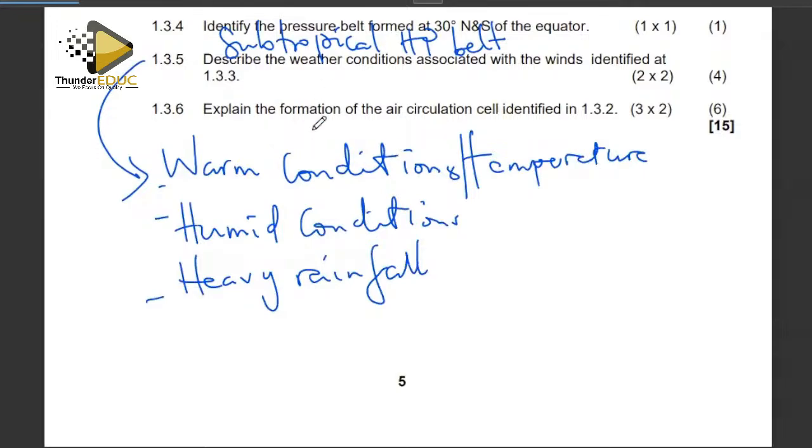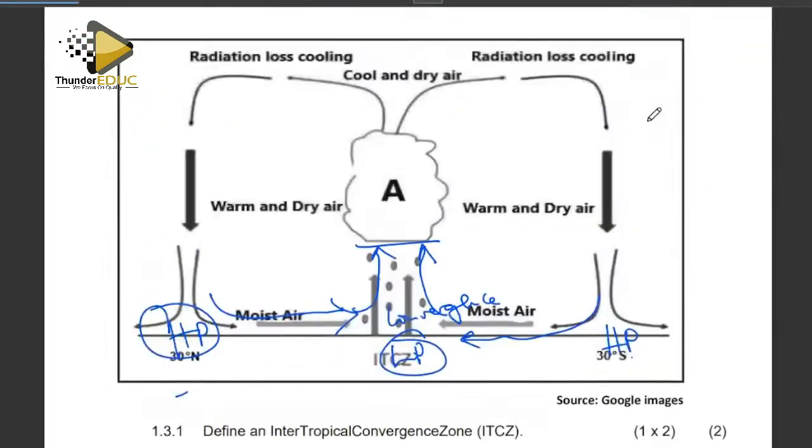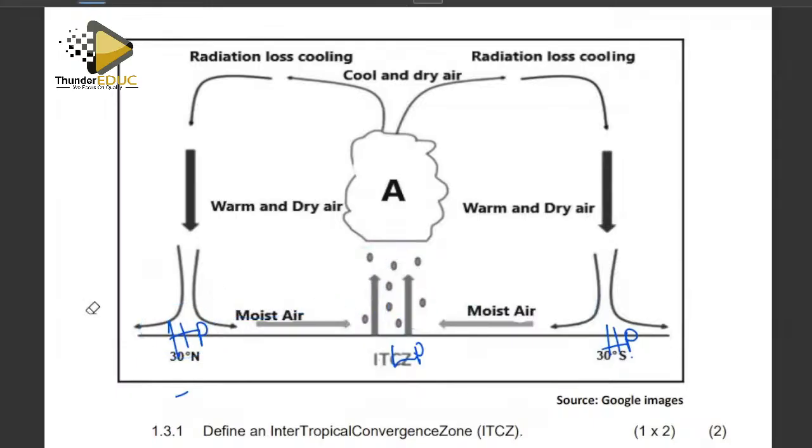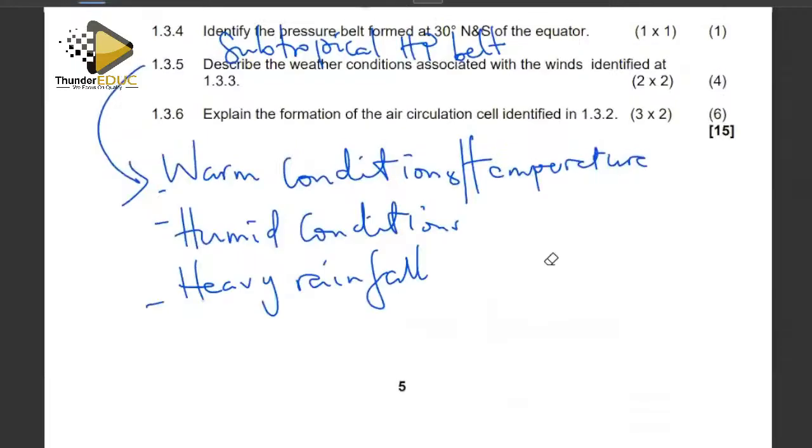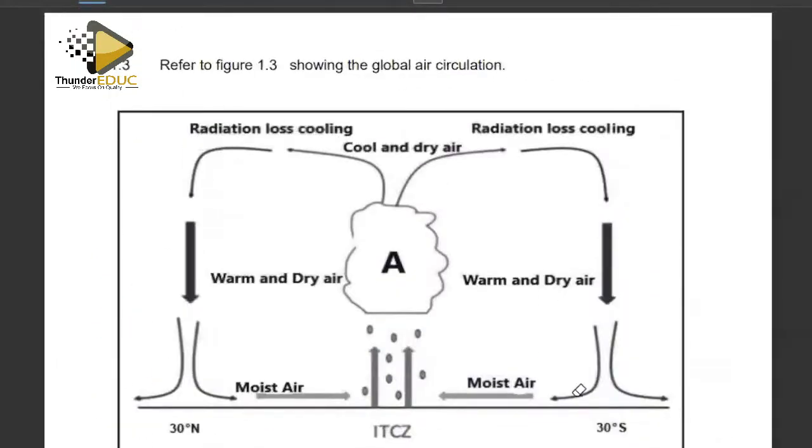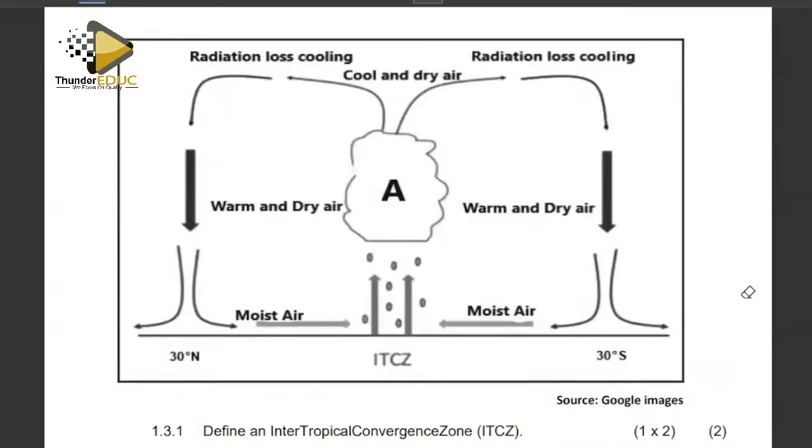Right, then the last question says, explain the formation of the air circulation cell identified. I'll use the diagram to explain. Right, for the same reason that I was explaining here is the very same reason that this high pressure cell is going to develop. This circulation cell is going to develop. So this Hadley cell, when we're explaining the formation of a cell, can form starting from any point because it's a continuous process.